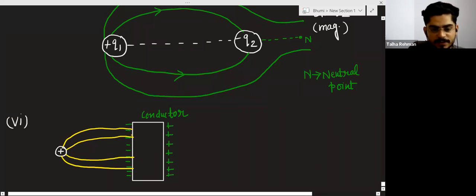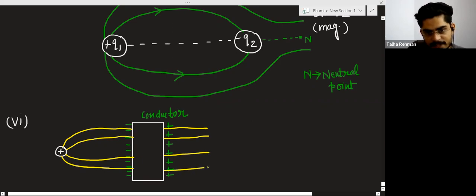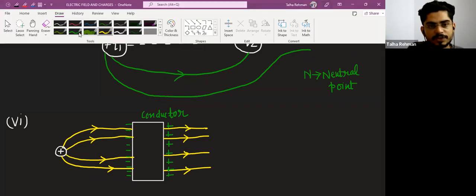And from here the electric field line will emerge like this. We have discussed that electric field lines cannot enter inside the conductor. And these lines will be perpendicular to the surface of the conductor also.